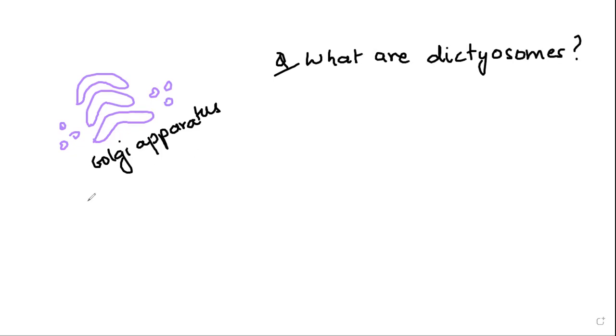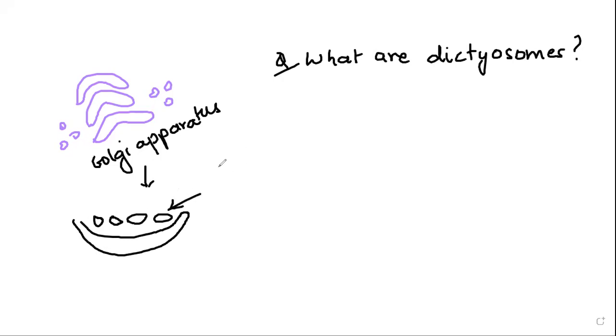So if you dwell deeper into what exactly the Golgi apparatus is comprised of, you will notice that there are these flat membrane-bound cavities, something like this inside the Golgi apparatus, right?